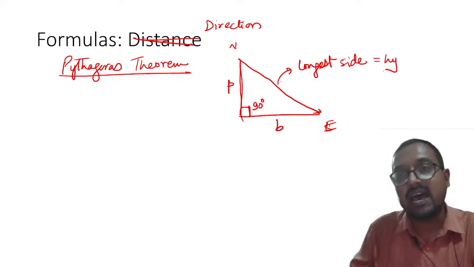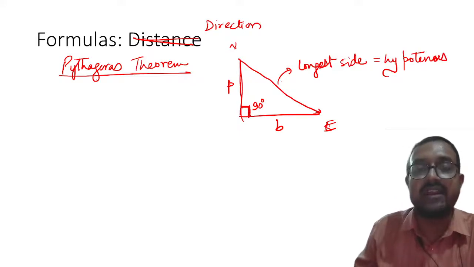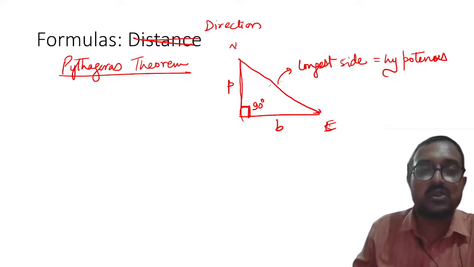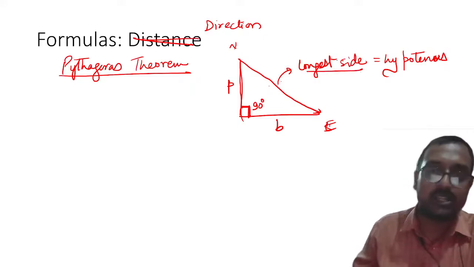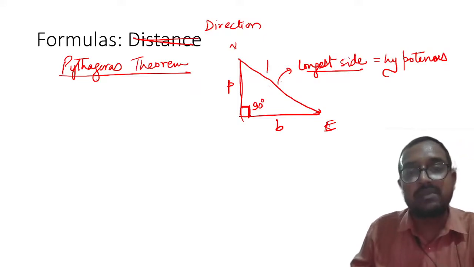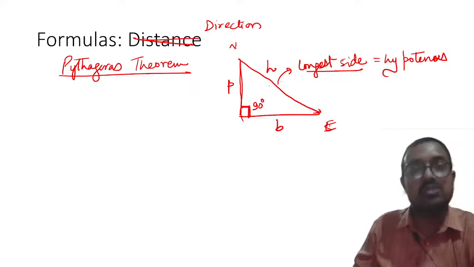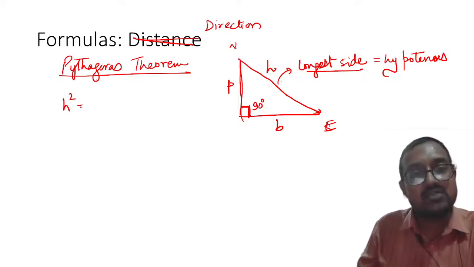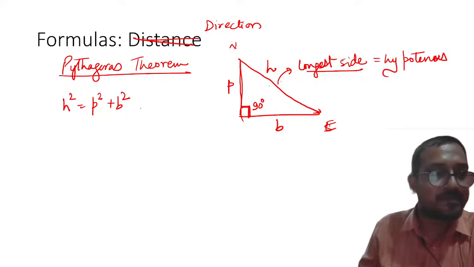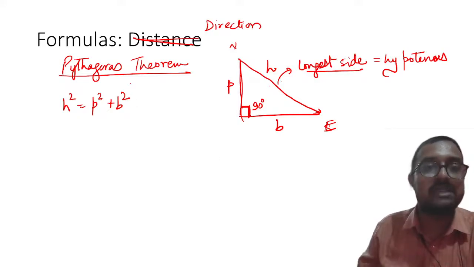And this is named as hypotenuse. Please remember, with respect to the 90 degree angle. Understood? So whatever will be opposite to 90 degree will be hypotenuse. That will be the longest side. So let me represent it by h. So Pythagoras theorem says that h square is equal to p square plus b square.